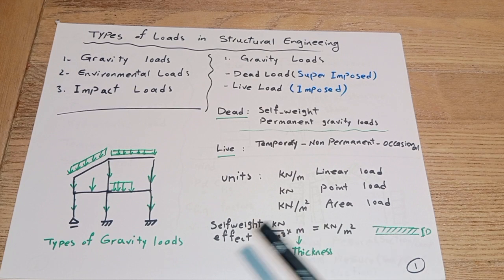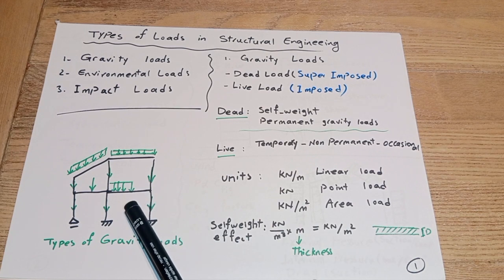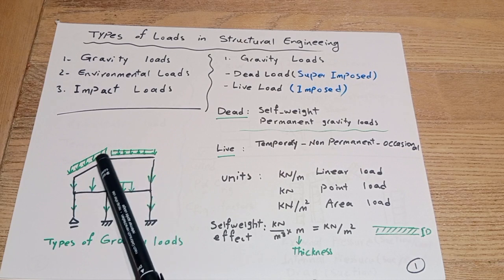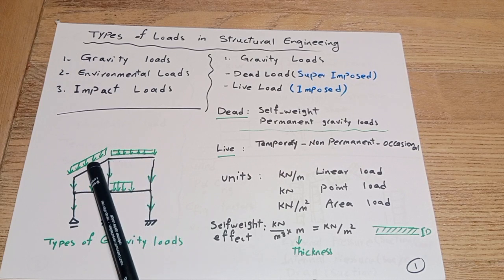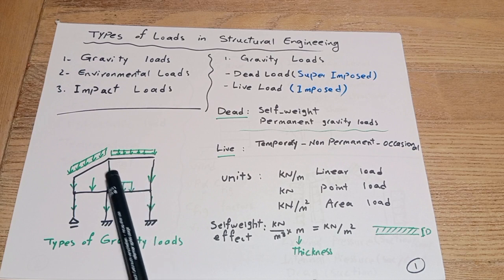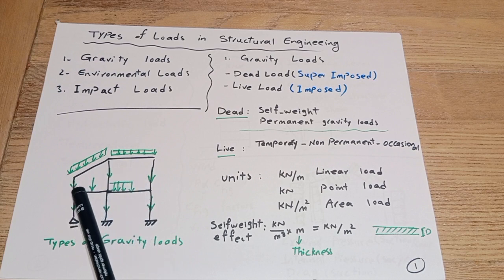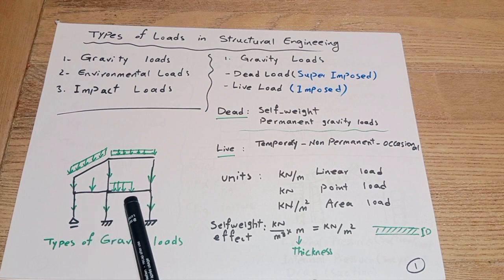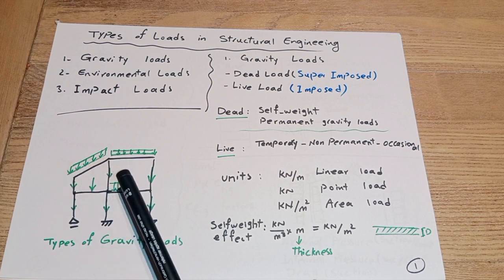Here we have the types of gravity loads, all acting in the direction of gravity. In inclined elements or straight elements, you see that it is always applied in the gravity direction. In columns, beams, and floors, it may be partially loaded or fully loaded: UDL, point load, or any other type of gravity load.